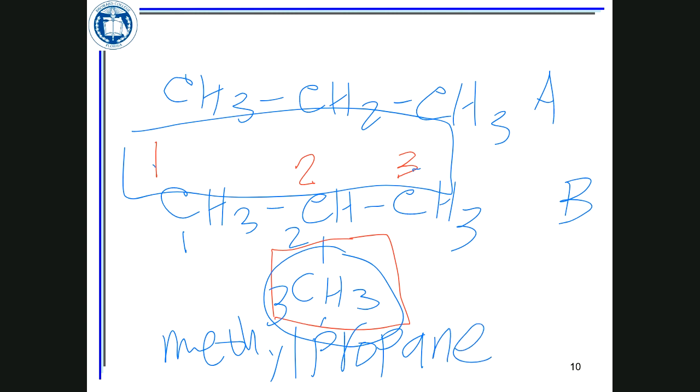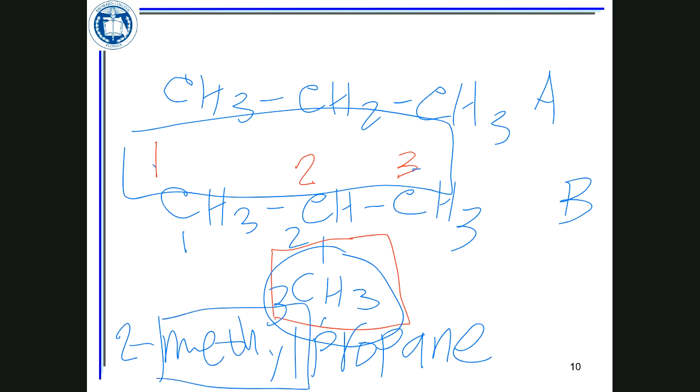Methyl propane. Now, we normally have to give a location to the branch. In this case it doesn't matter if you put 2 or not, because any way you count it is going to be carbon number 2. Just to make sure that we are following the rules, we are going to write 2-methylpropane. Branches should come first, and then the main carbon chain.